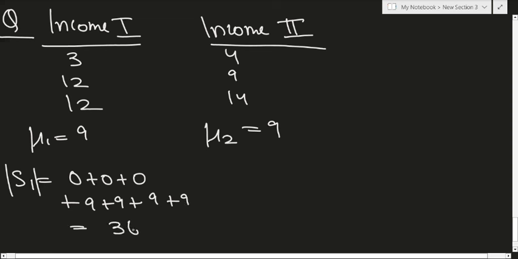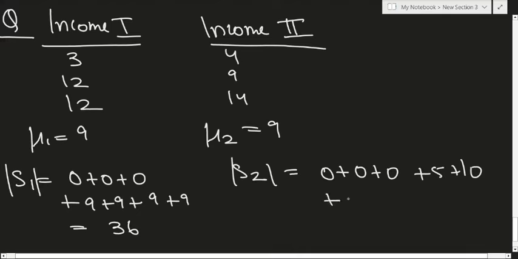This would come out to be 36. You can calculate it yourself also. Now S2 comes out to be 0 plus 0 plus 0 plus 5 plus 10 plus 5 plus 5 plus 10 plus 5. This comes out to be 40.